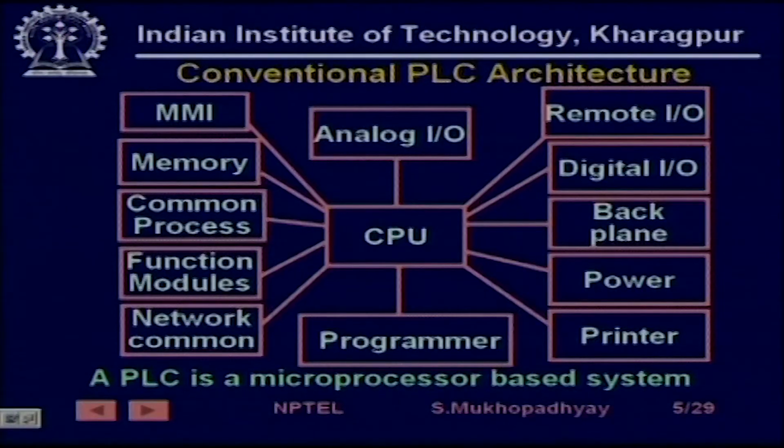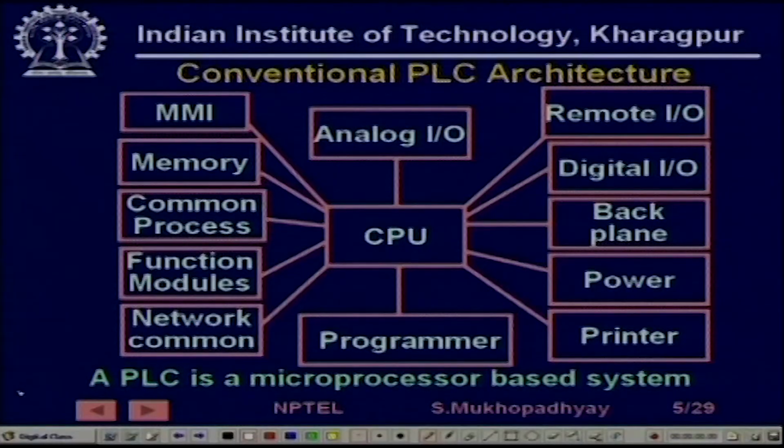As I have said, a PLC is basically a microprocessor based system. As we know, a microprocessor based system will have the major components: number 1 CPU, number 2 memory, number 3 input output, number 4 power and number 5 the buses, right.